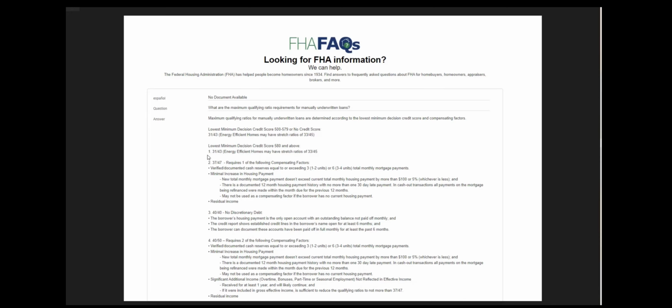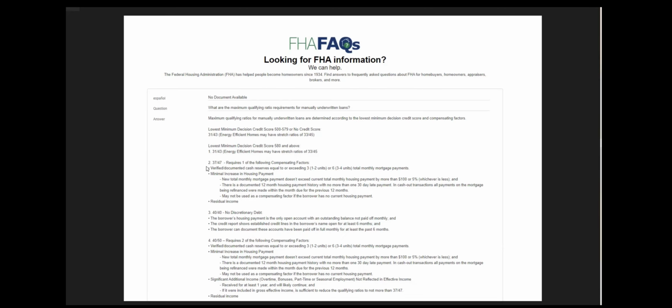The second is numbered number 1, and it is for credit scores 580 and above. They're both 31% maximum DTI for the front end and 43% maximum DTI for the back end. This states that energy efficient homes may have the DTI ratio stretched to 33 and 45.